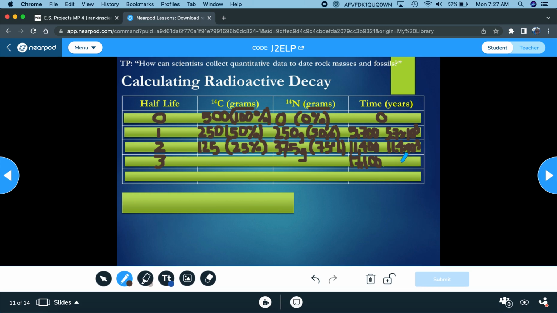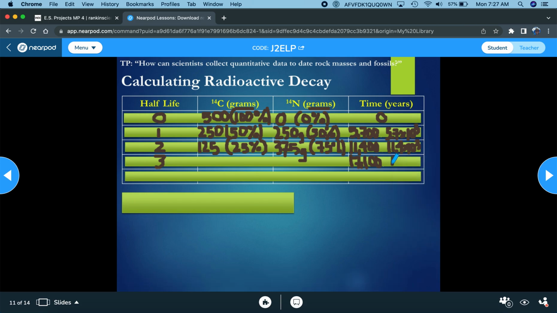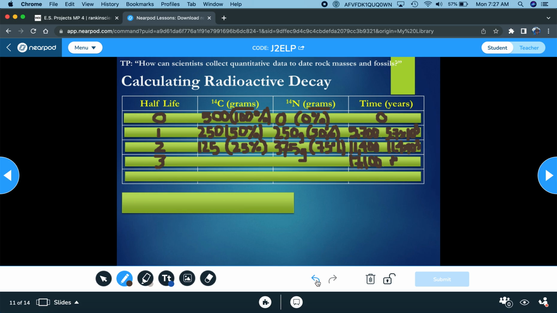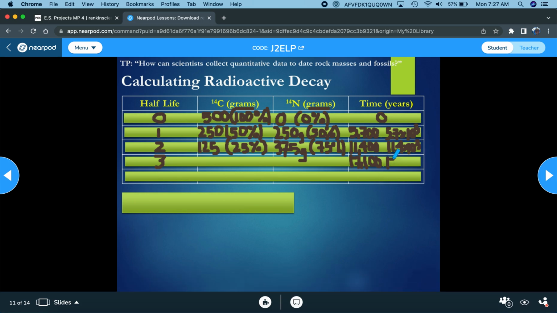If you're not too good with this, you can certainly use your calculator. That's going to be 17.1 times 10 to the third.